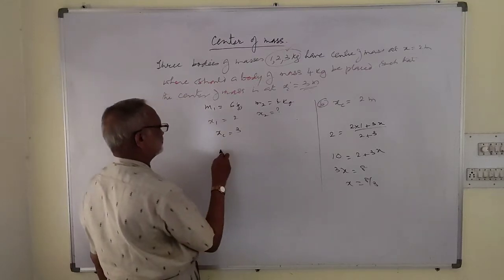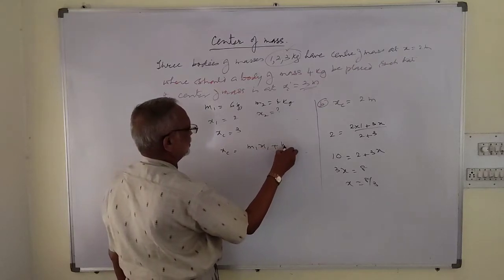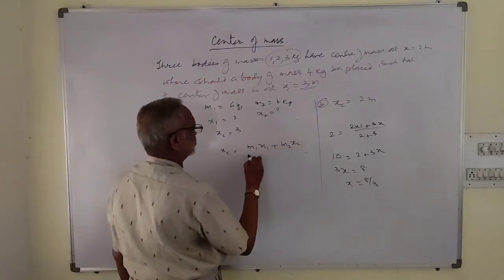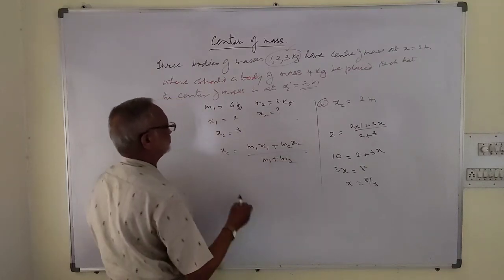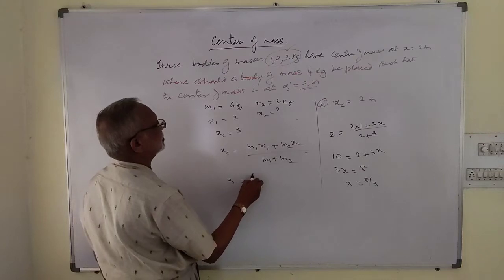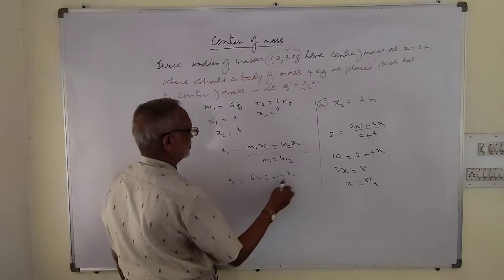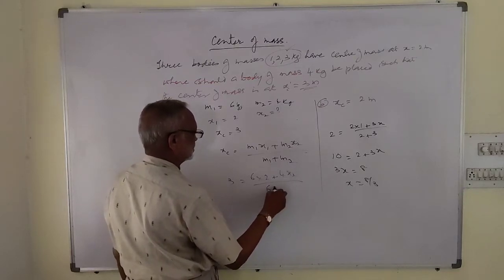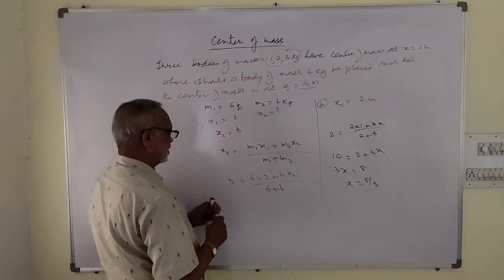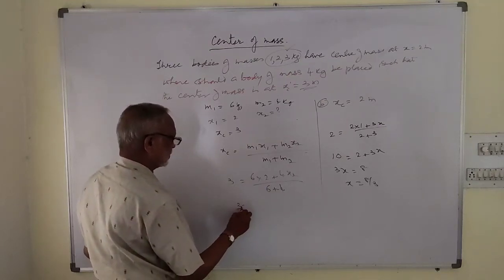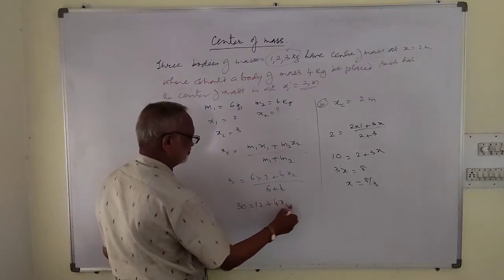Using the formula, x is equal to m1 x1 plus m2 x2 by m1 plus m2. We get 3 is equal to 6 into 2 plus 4x2 divided by 6 plus 4. 6 plus 4 is 10. 10 into 3 is 30. 30 is equal to 12 plus 4x2.